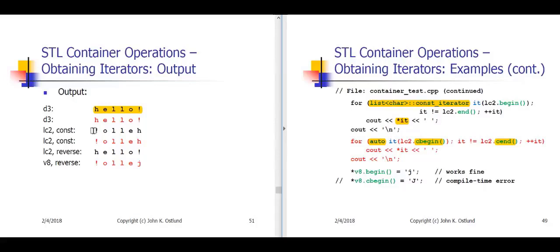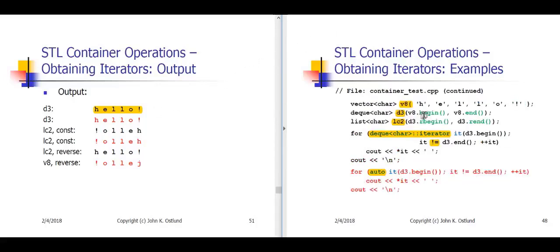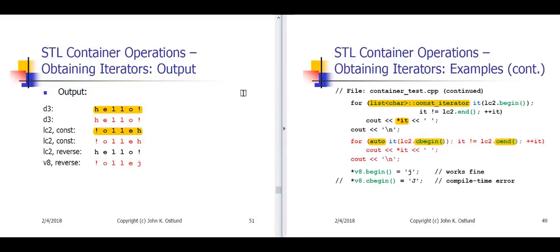Okay, now since lc2 was initialized using reverse iterators, remember we did rbegin through rend for initializing lc2, what's displayed from the first for loop on slide 49 is hello exclamation mark in reverse, and similarly in the red for loop we display the same thing.